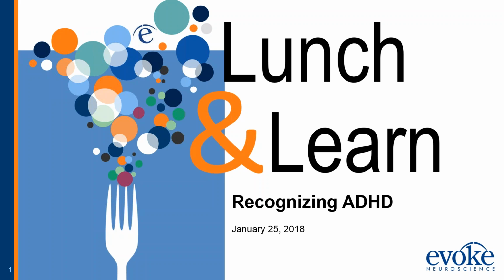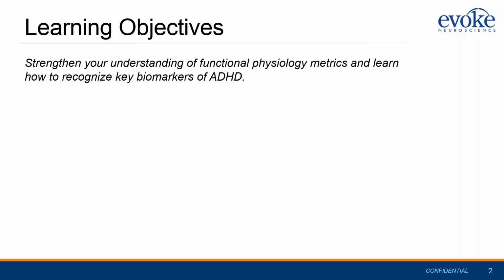And today we're going to be talking about using brain-based biomarkers to recognize signs of ADHD. So our learning objectives for today are to strengthen your understanding of functional physiology metrics and learn how to recognize key biomarkers of ADHD.